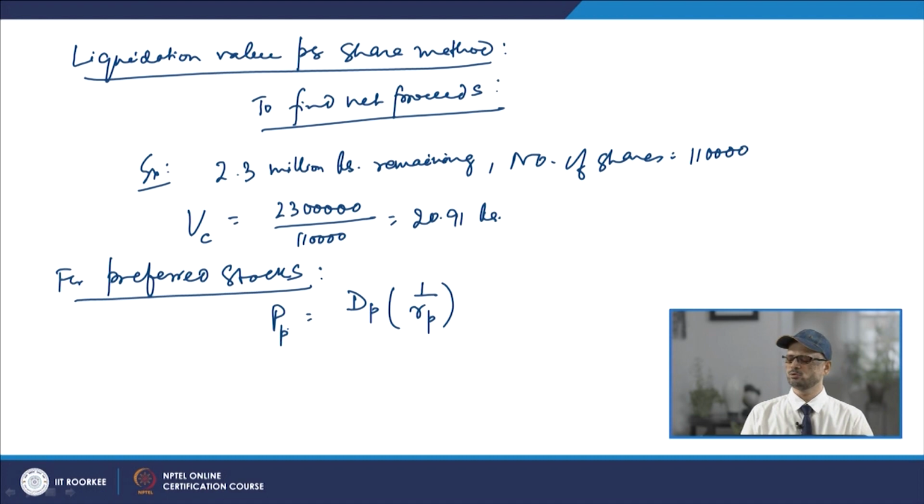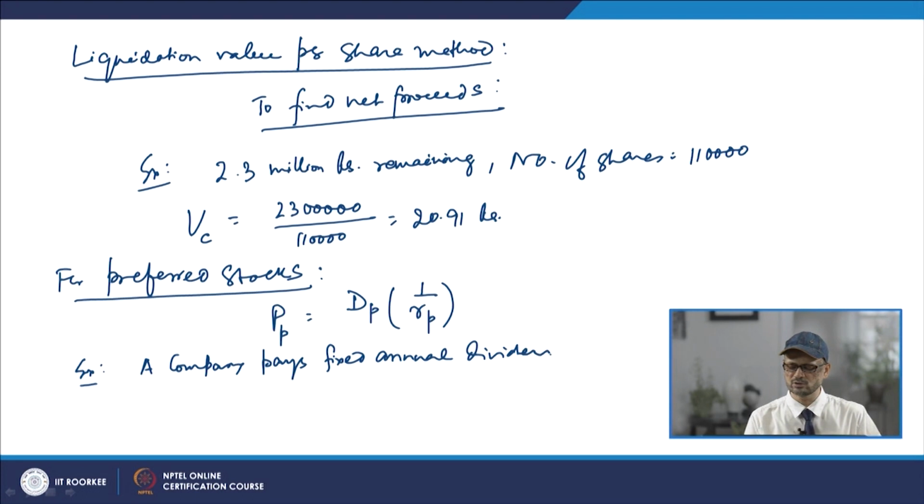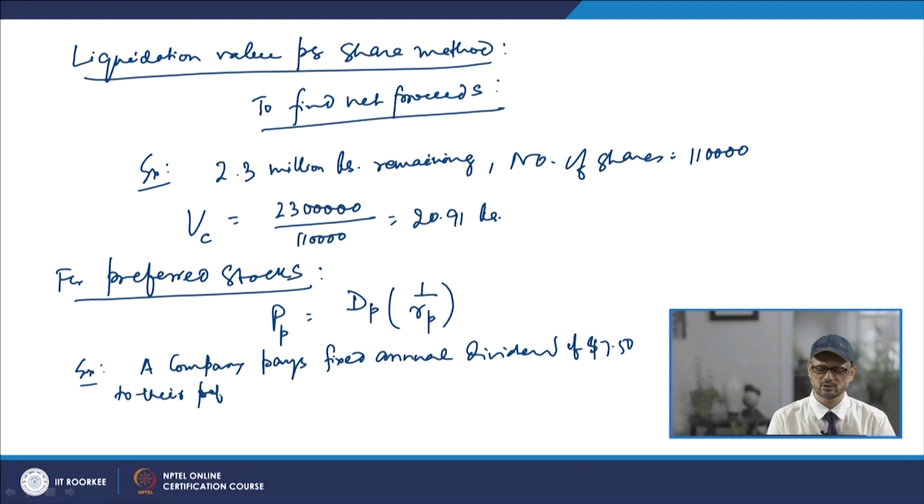For example, suppose there is one company that pays a fixed annual dividend of $7.50 to their preferred stockholders. As we have understood, the company has to pay them first. So, that is your preferred stockholders.